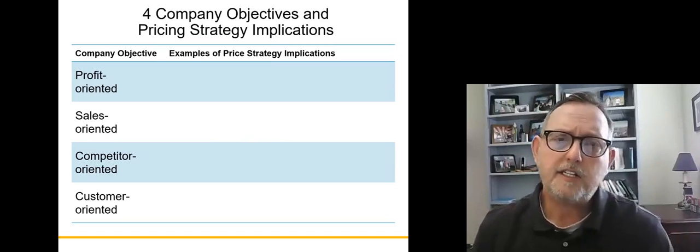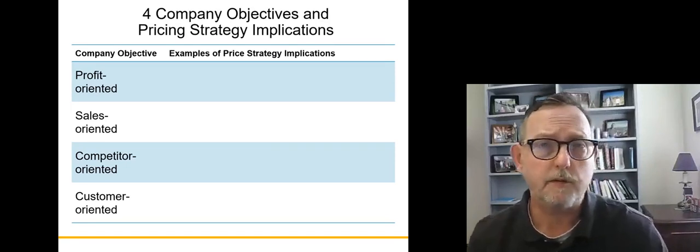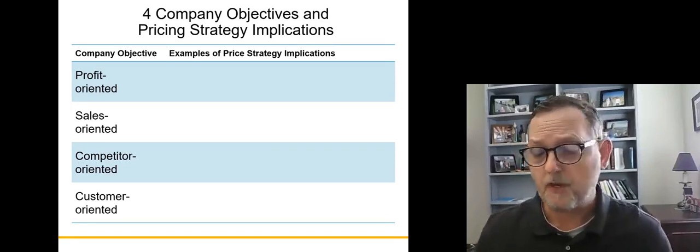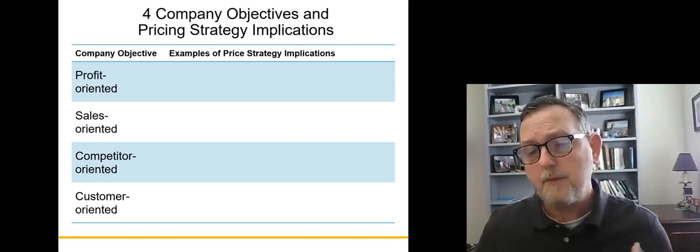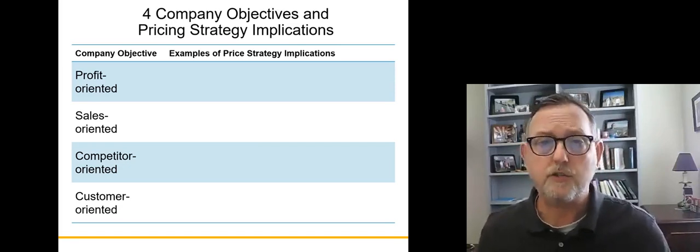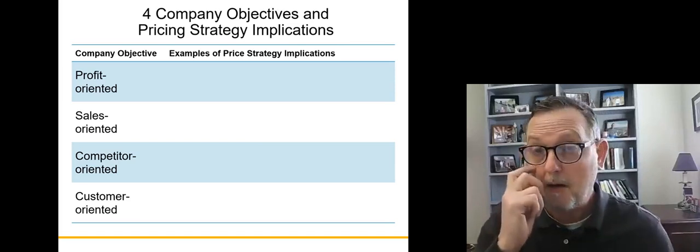When we set price, we have certain goals and objectives that we want to achieve regardless of what the marketing activity is. Being consistent in trying to reach those goals would be no different for setting a price strategy.